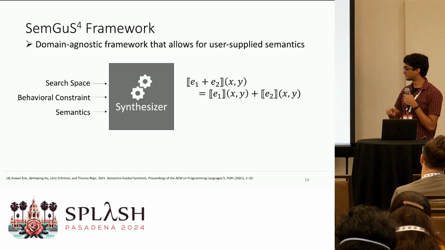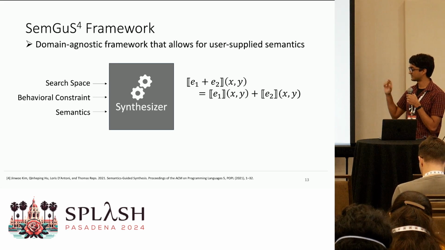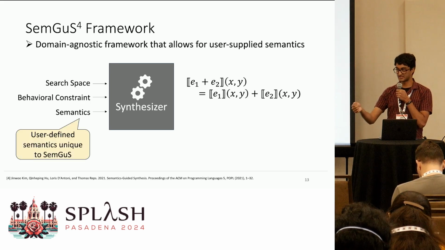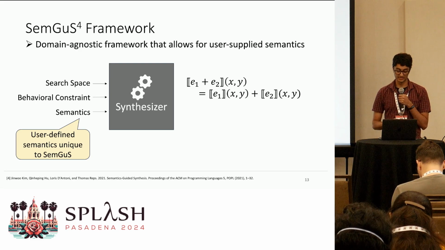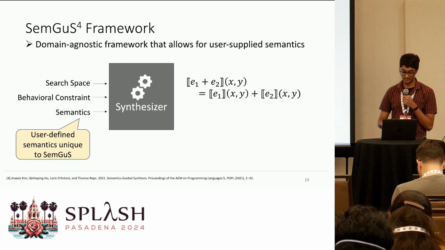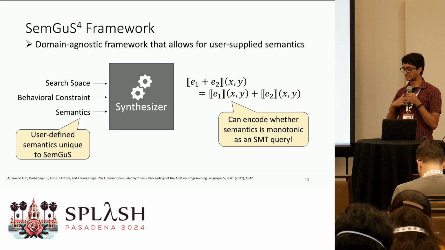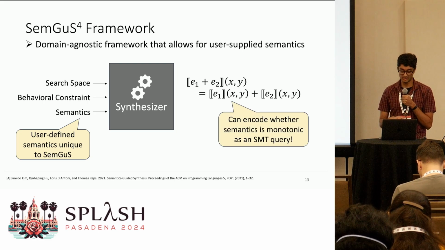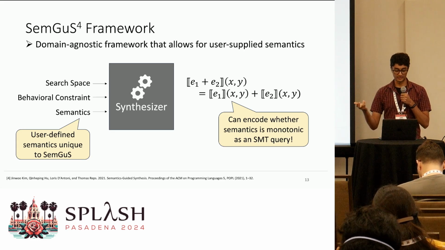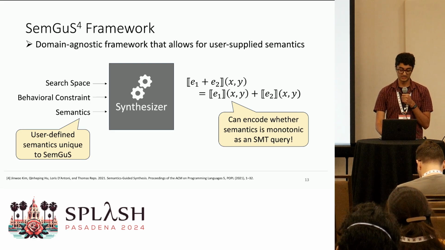Before, the synthesis problem was defined over a search space and a behavioral constraint. But now there's this third element of the semantics that can be given as input to the synthesizer. And this user-defined semantics is what is unique to the SemGuS framework. So now, given the semantics, we can apply the techniques that I've talked about in this talk to encode whether a semantics is monotonic and perform grammar flow analysis, the whole process of which can be automated using an SMT solver.